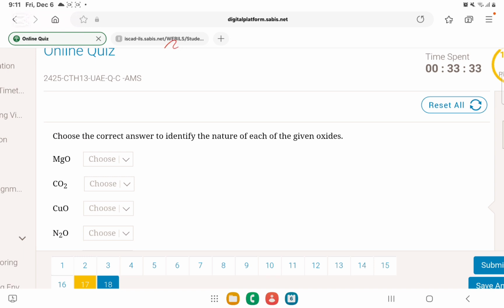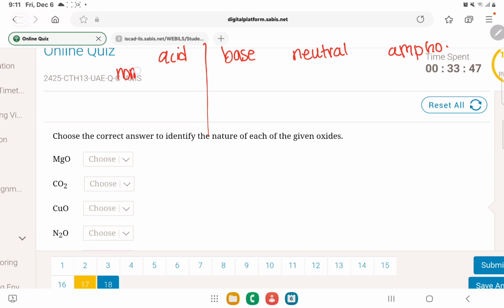Here, is it acid, base, neutral, or amphoteric? Now, an acid oxide is any non-metal and oxygen. A base is any metal and oxygen.